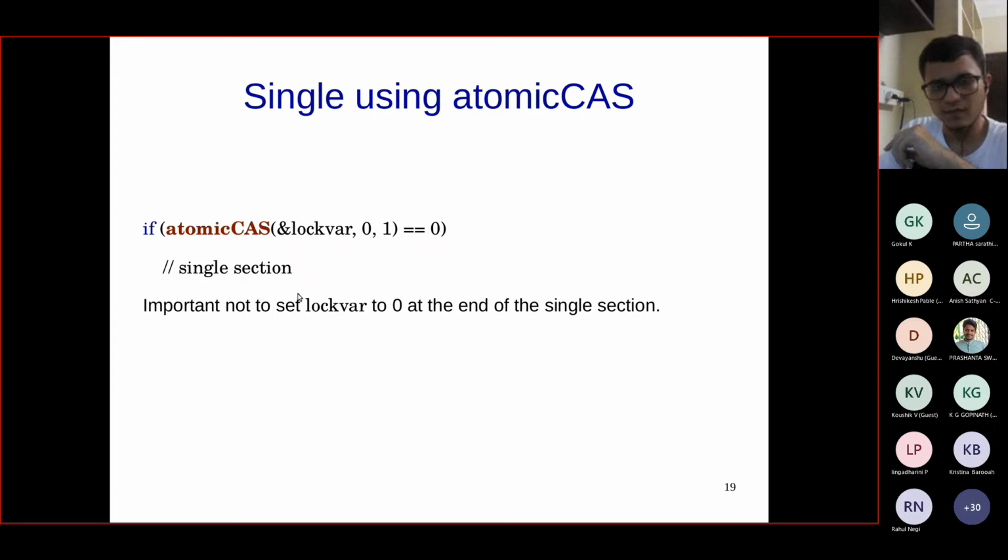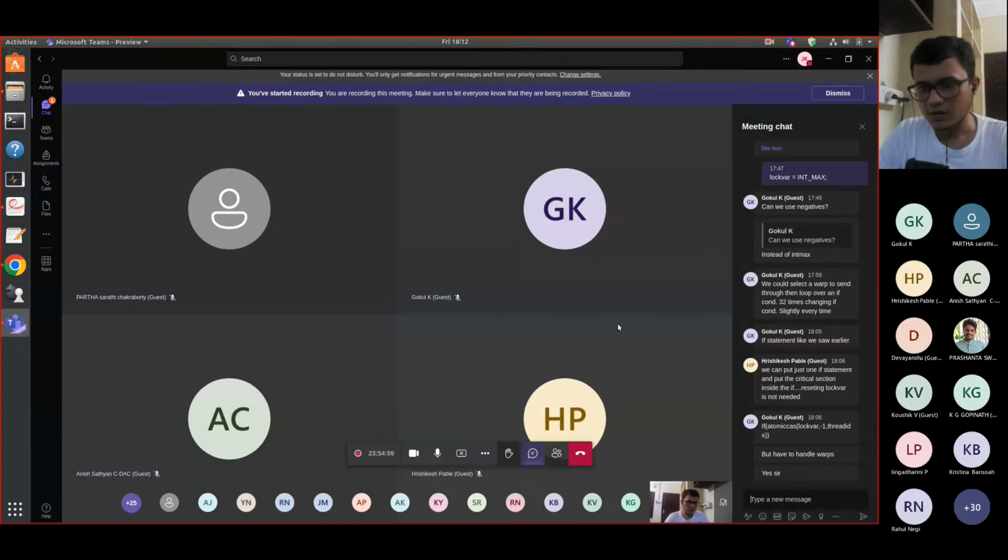Once that thread finishes, it will exit this single section, and it will join all the other 31 threads which are waiting here for that thread, and then they'll move on. So I don't think that there is any issue with the warp threads in case of this implementation of single. But still, if you have any questions, then you can ask.